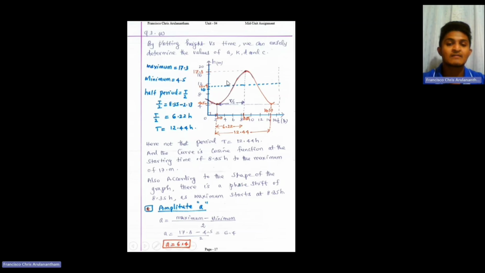According to the data given, we can sketch the curve. You can see here the curve. The highest point is 17.3 and the lowest point is 4.5. Here note that the period T is equal to 12.44 hours and the curve is a cosine function at the starting time of 8.35 hours to the maximum of 17.3 meters.